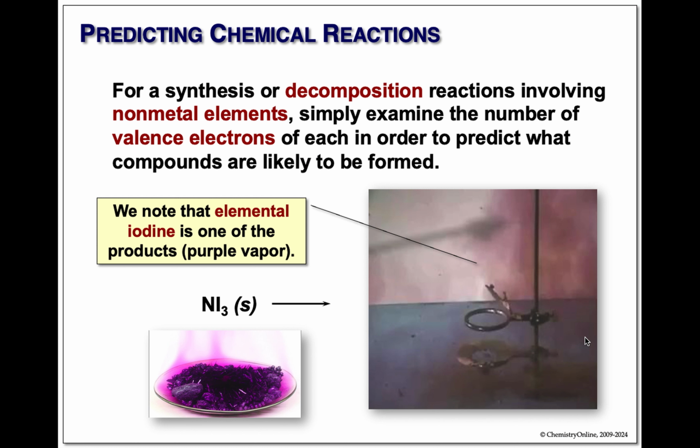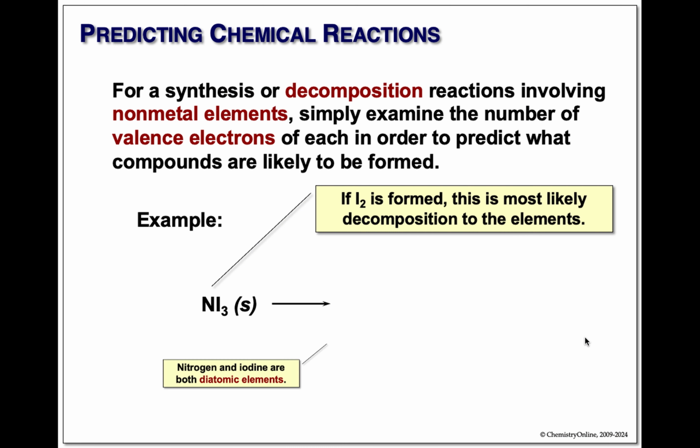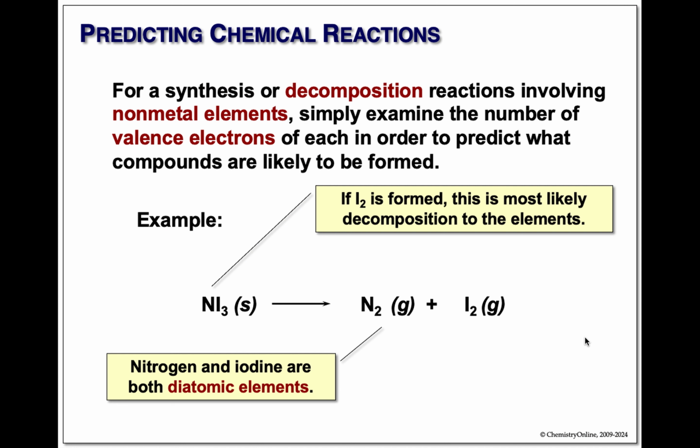I think we are decomposing into the elements. That would give us iodine and nitrogen as products. Things that explode quite often will evolve nitrogen. That's another giveaway.